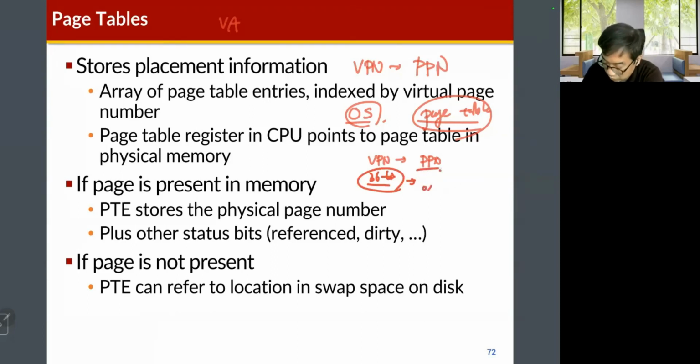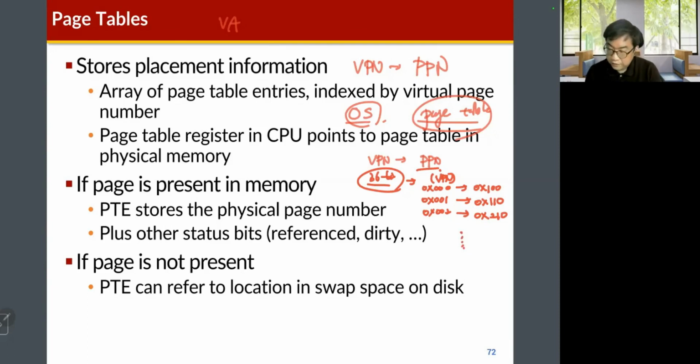For example, 0x000 is mapped to 0x100, and 0x001, it's the VPN, is mapped to 0x110, and then 0x112 is mapped to 0x210, something like that.